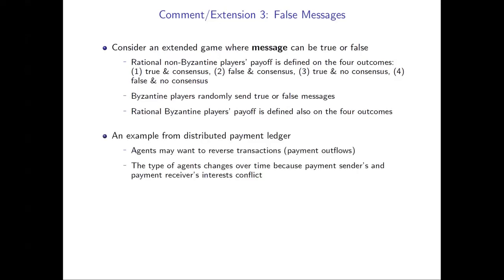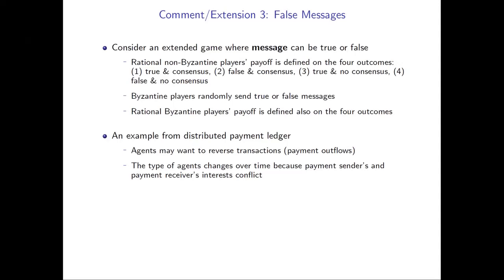So why do I pay attention to this particular extension? Because in reality, the incentives of these faulty players, this goes back to my first comment on the incentive of the Byzantine players, the faulty players. In practice, the incentives of the faulty players are often related to the true or false nature of the message.